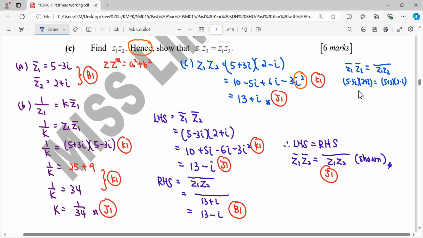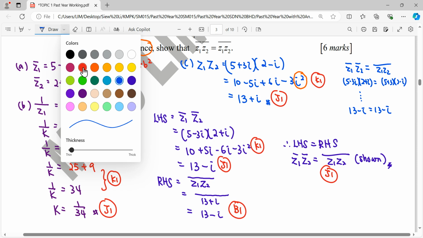At the last, you should show until 13 minus i equals 13 minus i. This question is asking you to show that these different operations are equal to each other. So it's not asking you to rewrite again.